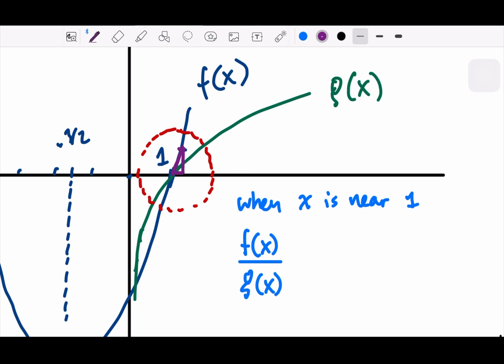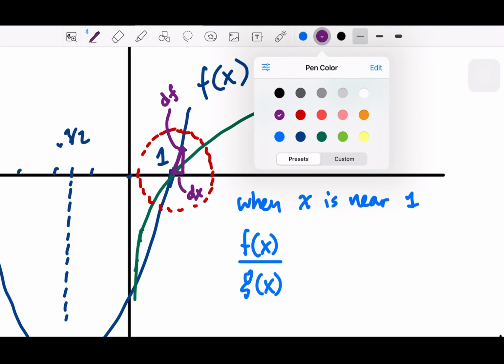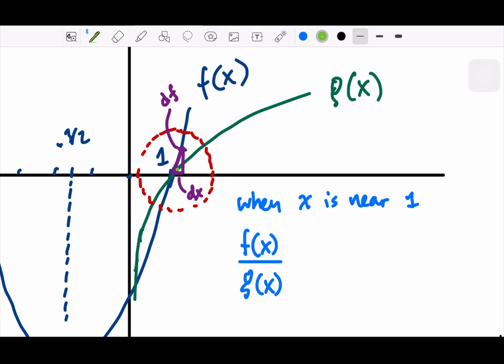So this will be, we call df. And this will be dx. And for the g, let me write another small segment, that we call dg. And it's the same dx, small dx.